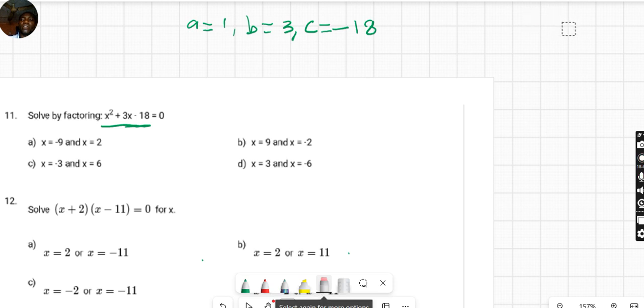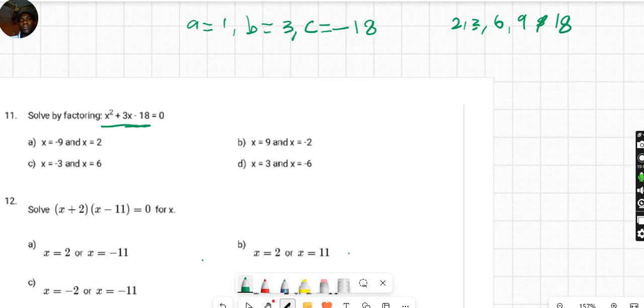So let's find the factors of 18. We'll have 2, 3, 6, 9, and 18 itself.